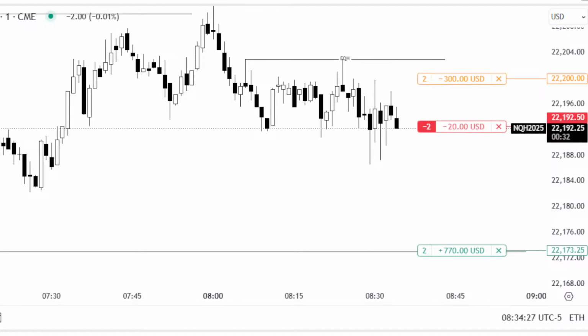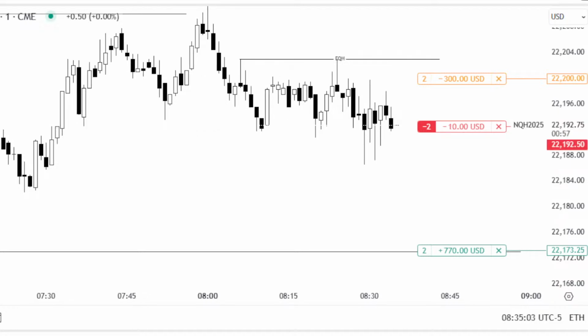Come on, push down. Put the pressure on. Price is stuck there now.